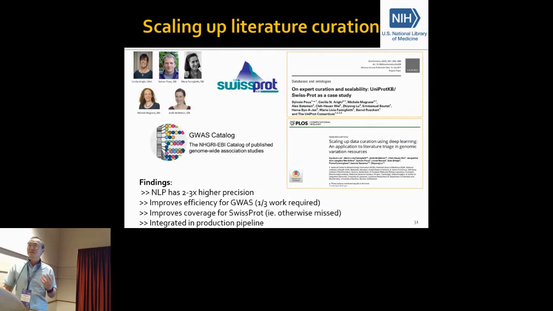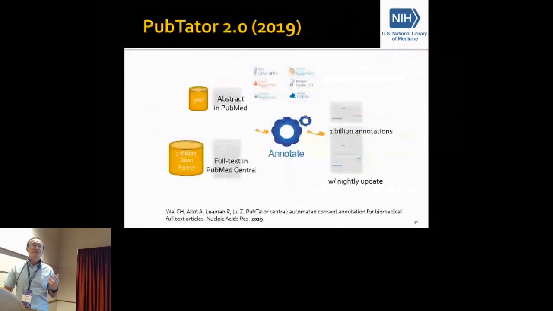Because of the success of PubTator, we decided to make it better by expanding our content. When we first developed PubTator, we focused on PubMed abstracts, and now we decided we can also apply our taggers to full text, which is longer. We have about 3-4 million open access full text articles in PubMed Central that allow text and data mining.